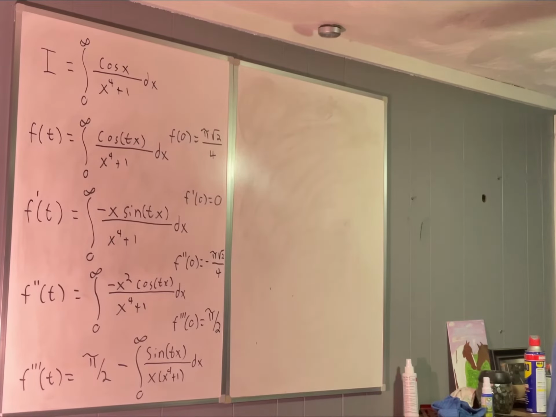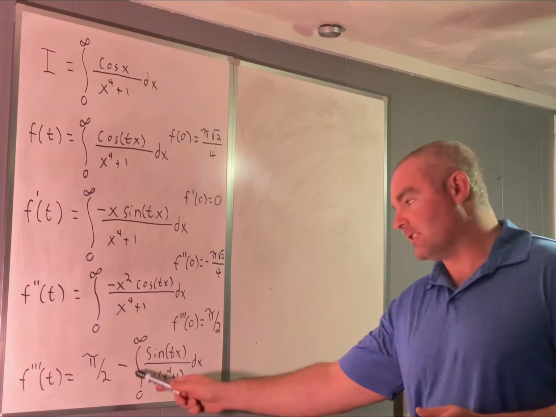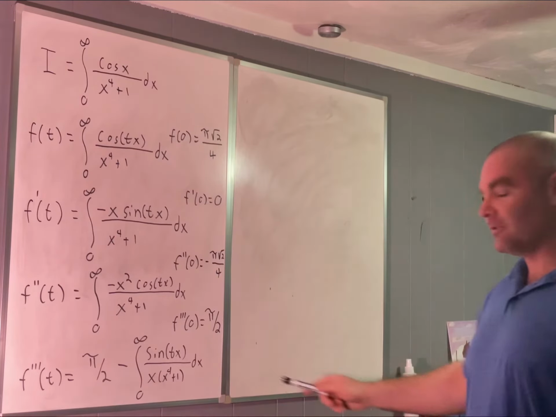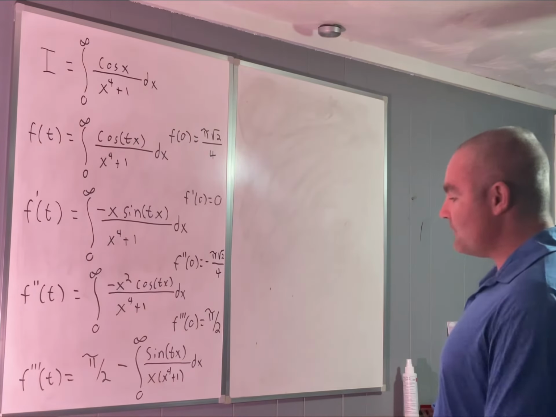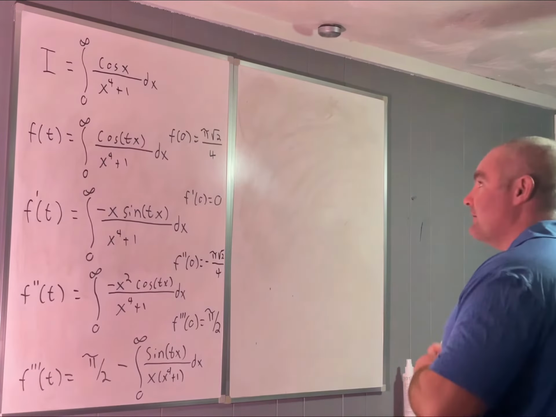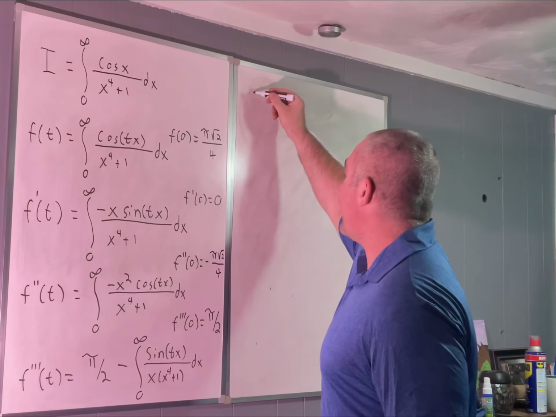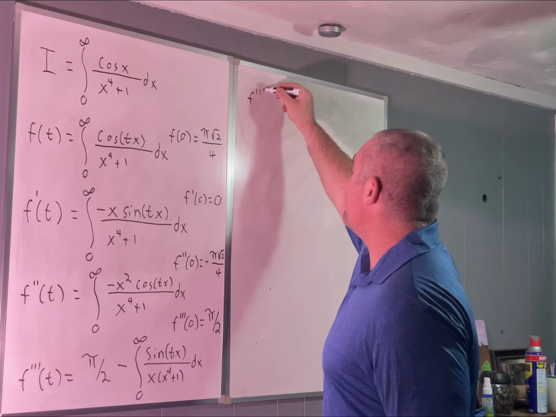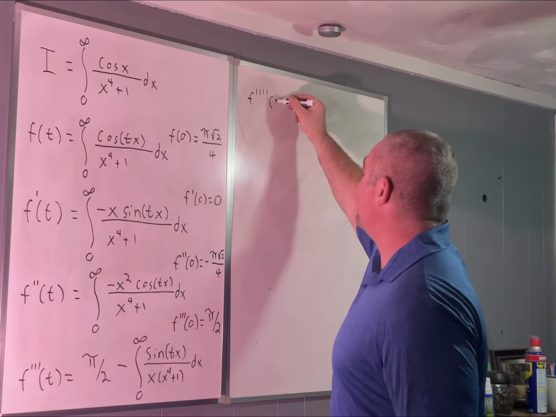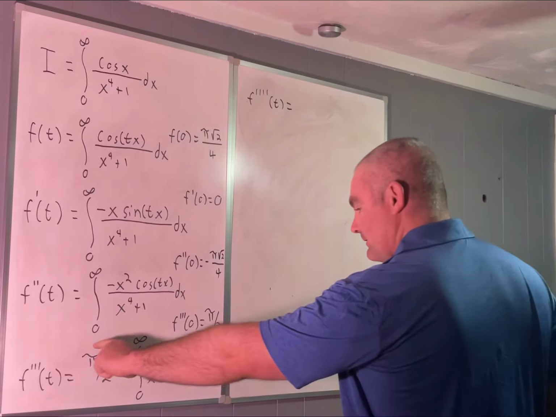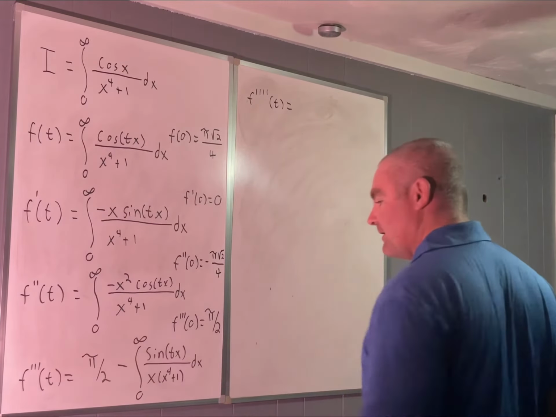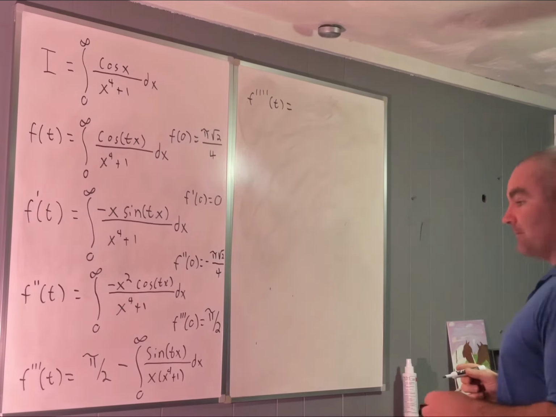Okay. Well, still, that integral, that's not good. So we need to keep going. So let's do it one more time. F quadruple prime of t is going to be equal to, well, let's see, derivative with respect to t of pi over 2 is just 0.